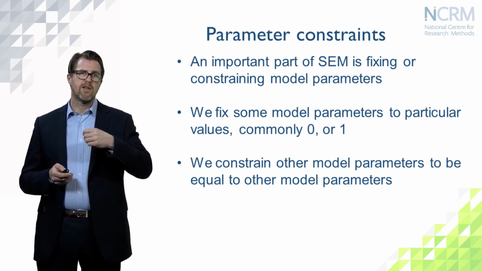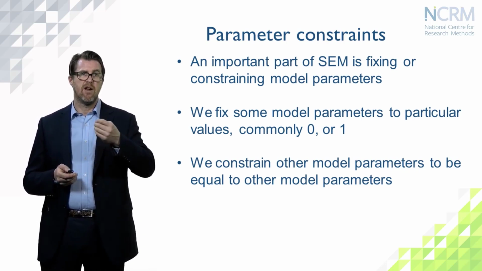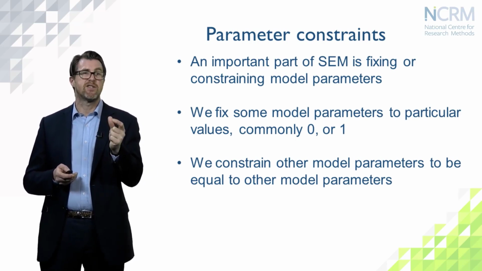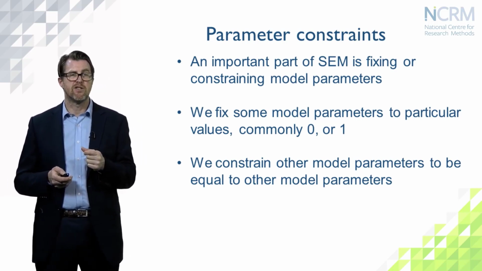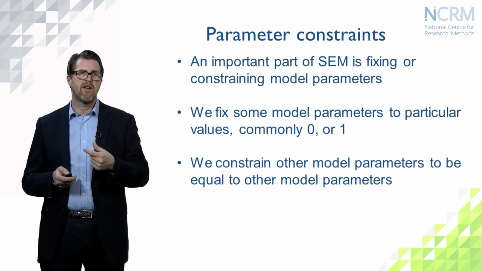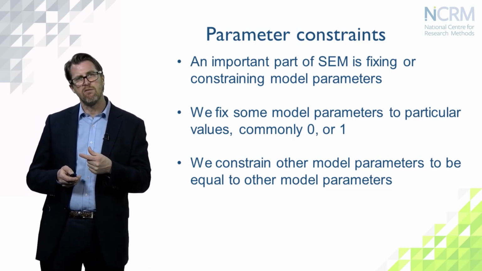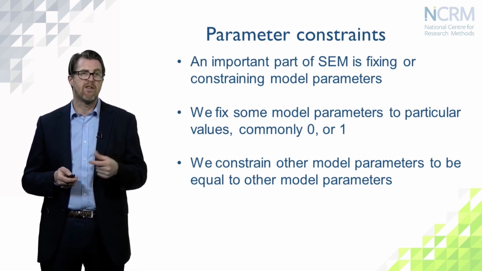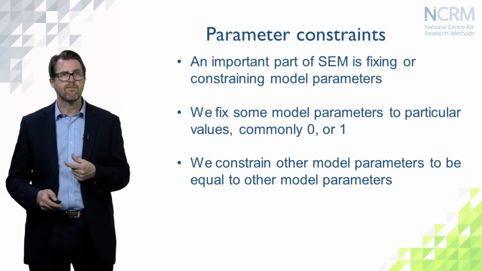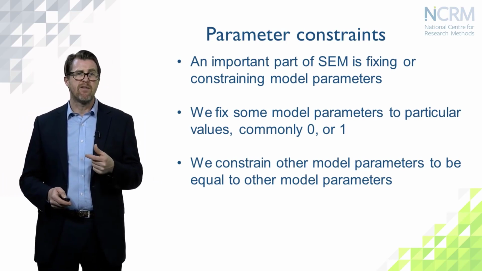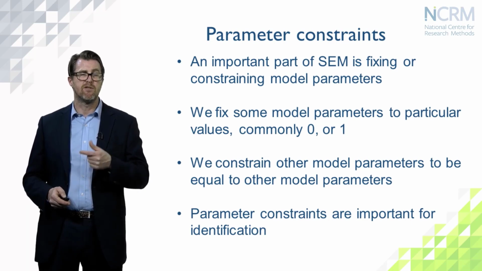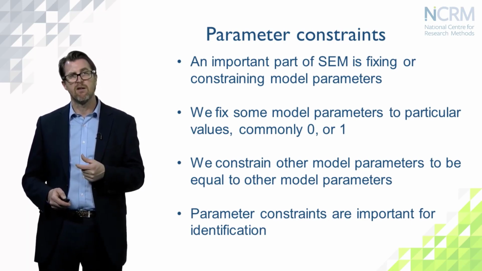So we will still estimate those equalized parameters, but they have to be estimated so that they are the same. The model applies that constraint on what the parameters are that are estimated. Again, that's something which is quite unusual, and we don't really see that in many other statistical techniques that we might use in social science. The main thing that we are using these parameter constraints for is for the purposes of model identification, and I will be saying some more about that soon.